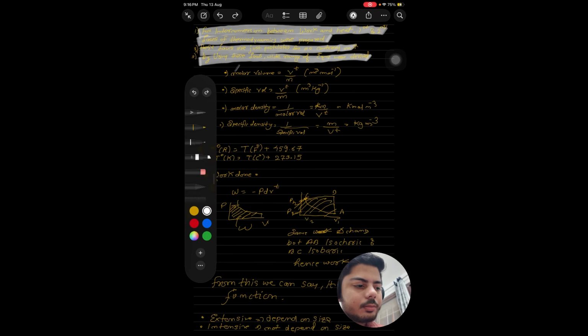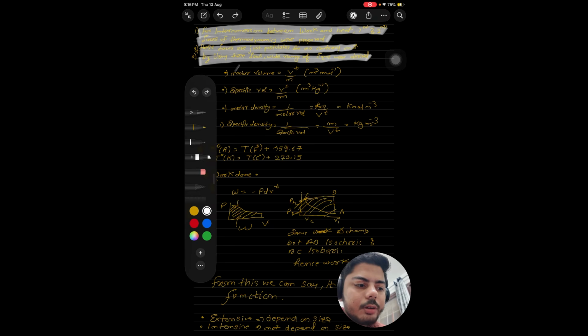By using this basic law, applying our knowledge of molar specific volume, molar density, some ideal gas equation, and calculus, we have derived n number of different kinds of thermodynamics equations which help us in solving problems.